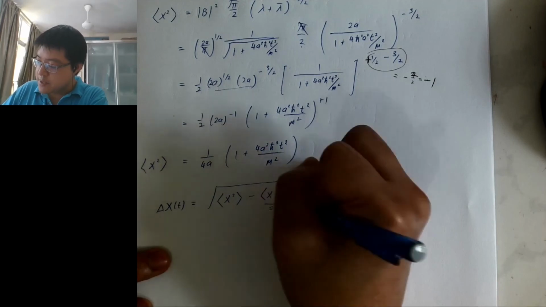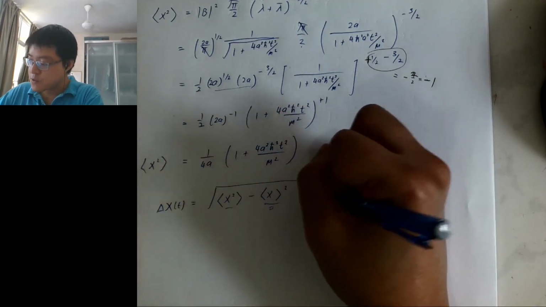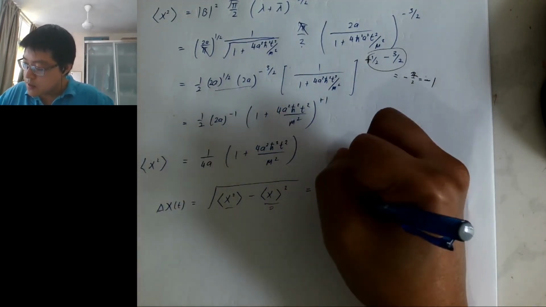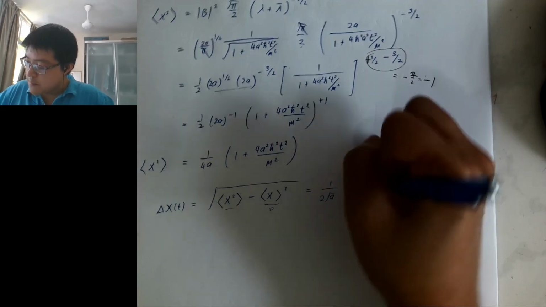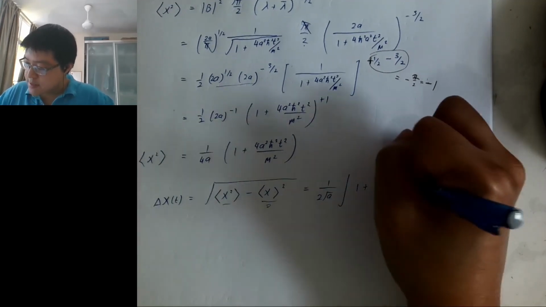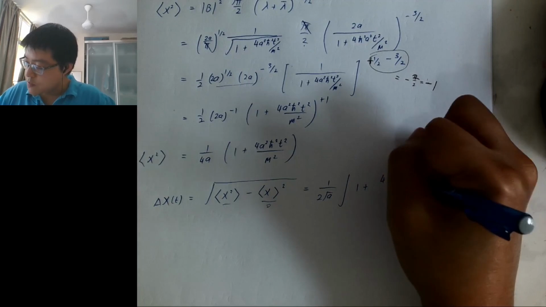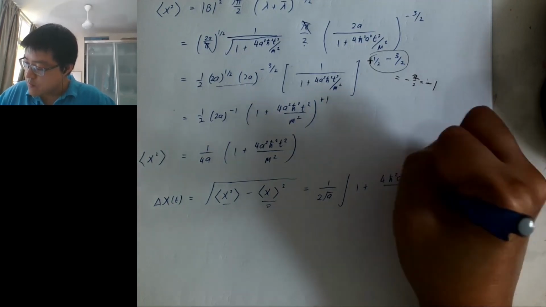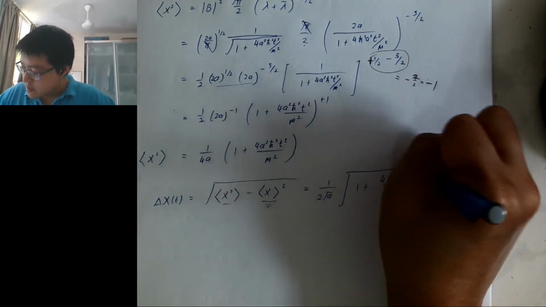Just now we found this to be 0. So the answer is 1 over 2 root a, and then the square root of 1 plus 4 h bar square a square t square over m square.